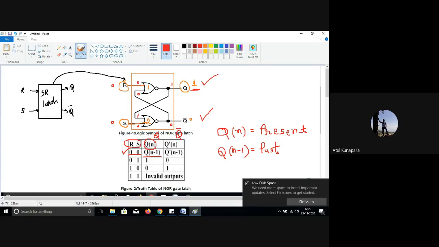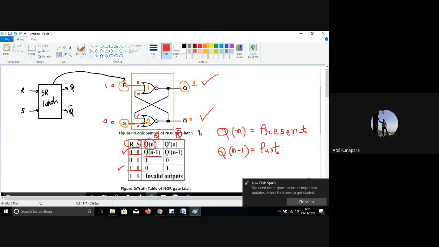Now, if I give my input R equal to 1 and S equal to 0, what will happen? I'm talking about this condition, when R equal to 1, S equal to 0. Let us say prior to this input you have applied, your output Q was 1 and Q bar was 0.